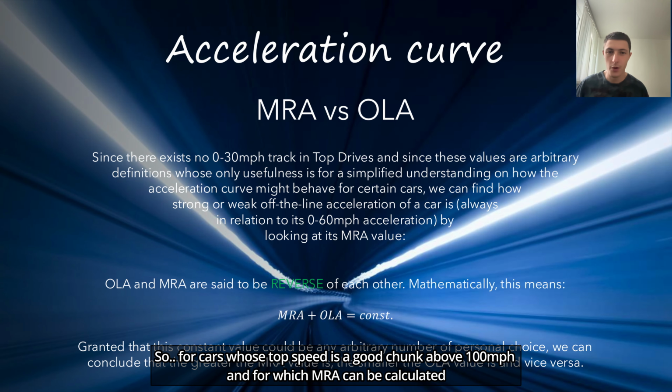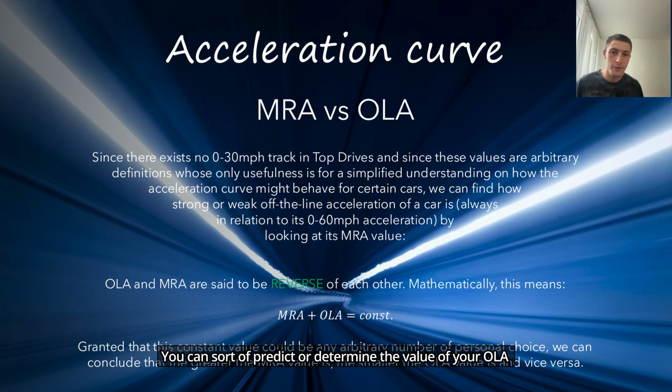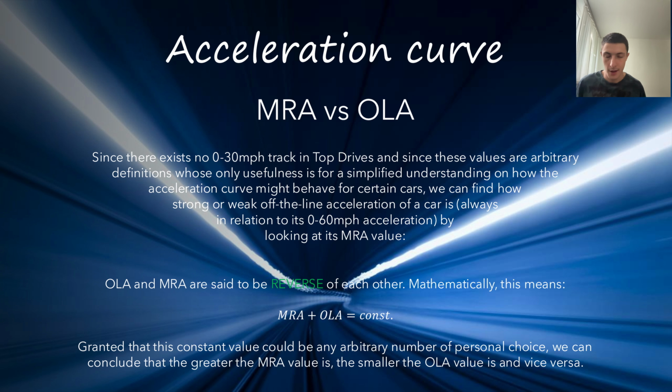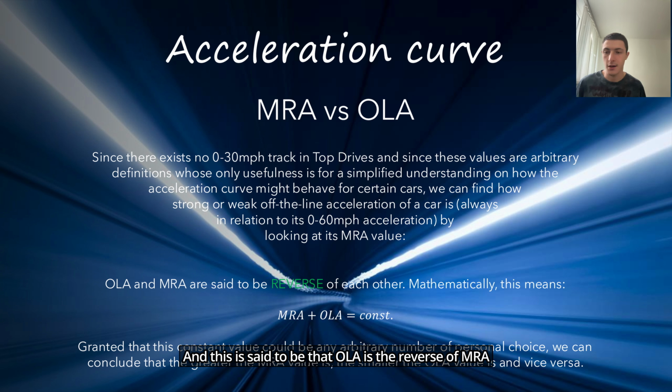For cars whose top speed is a good chunk above 100 miles per hour and for which MRA can be calculated, you can sort of predict or determine the value of your OLA. OLA is said to be the reverse of MRA.